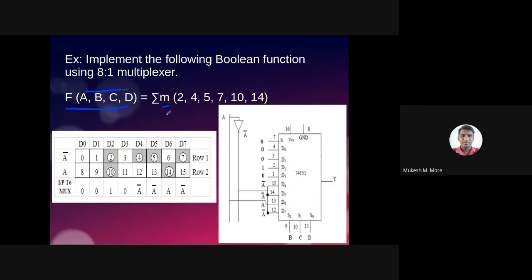Small m means minterms, and the minterms given are 2, 4, 5, 7, 10, 14.